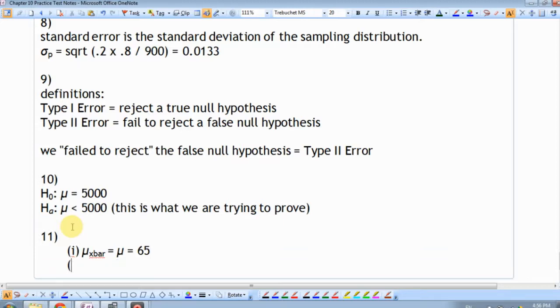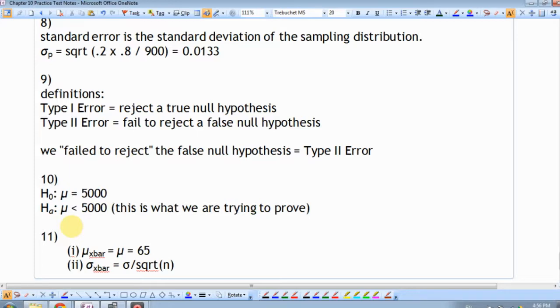Two, sigma x bar. That's equal to sigma divided by the square root of n, because this is mean, not proportion.